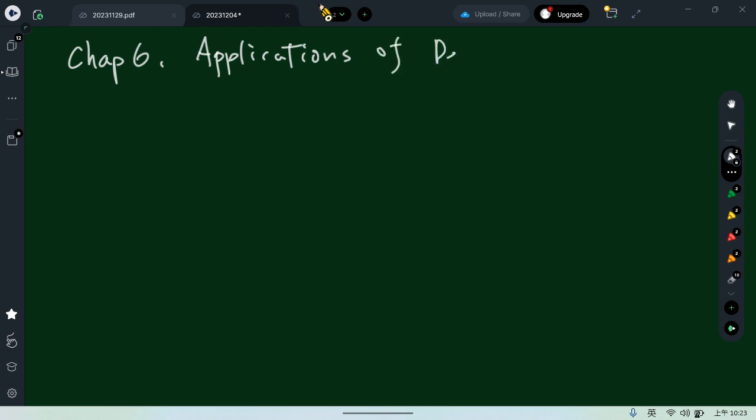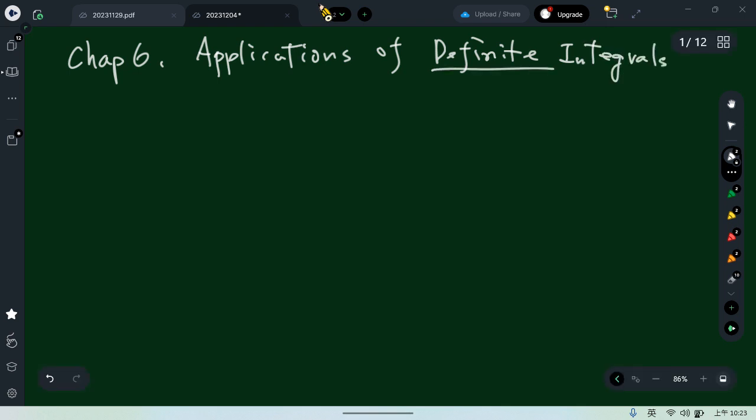of definite integral. So that means we will be talking about some calculation, and finally we can have some number.